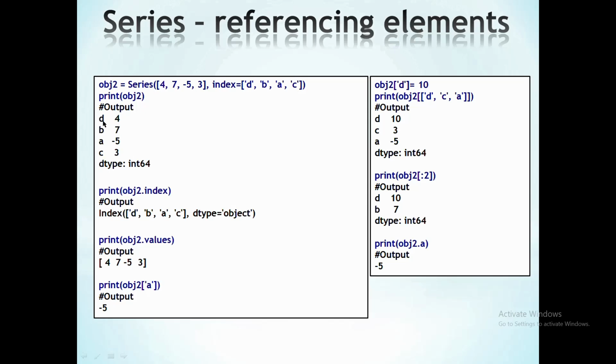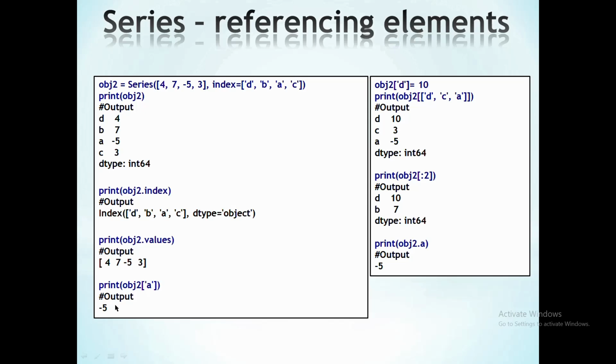Whatever index we have given will be assigned to the corresponding element. So D will be assigned to 4 and B will be assigned to 7, in the order we have given. Now if we print the index, we will get the index we have given here. Then in terms of the values, we will have the values 4, 7, minus 5, 3.